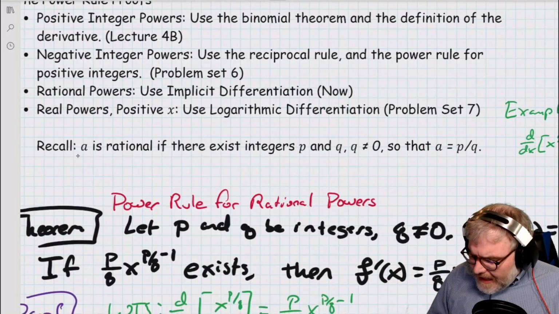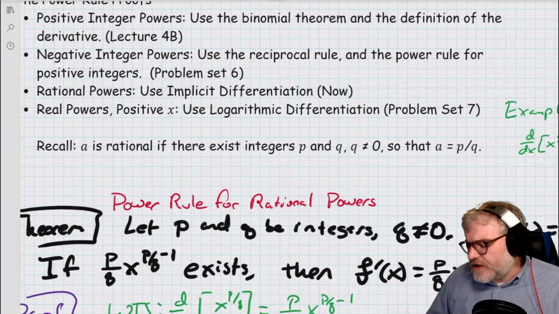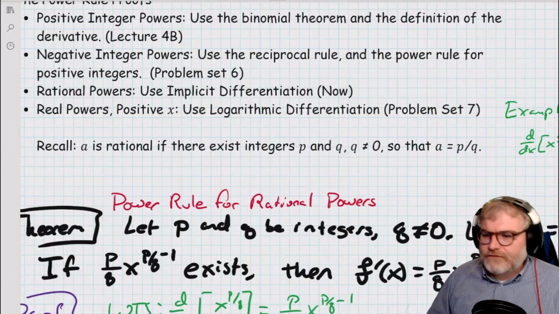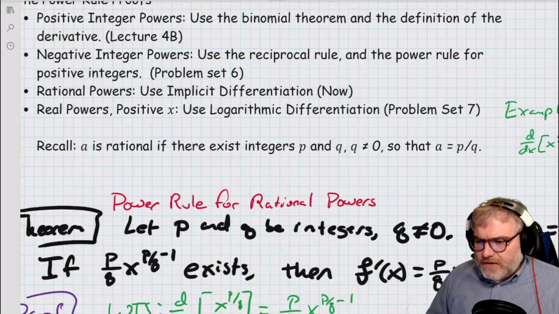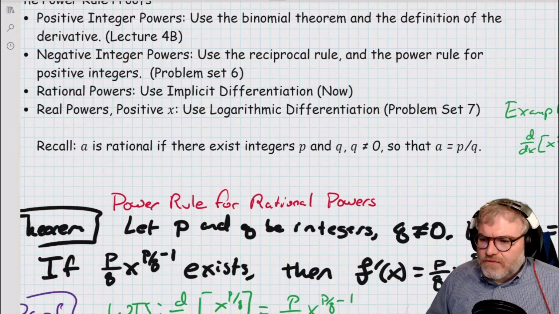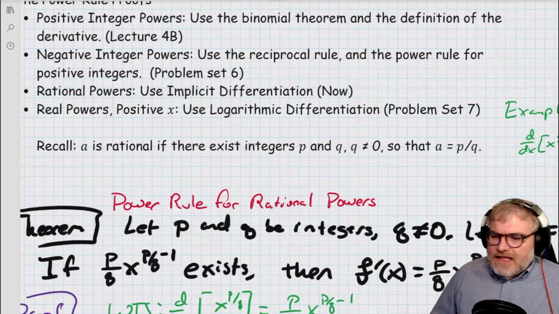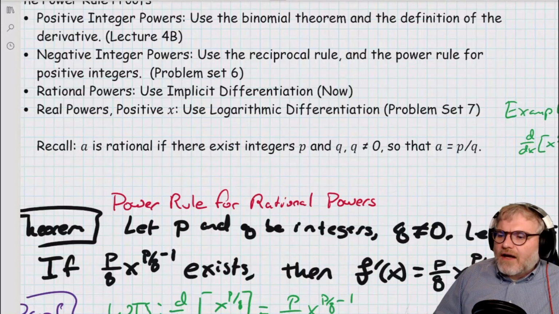So recall that a is a rational number if there exist integers p and q, q not equal to 0, so that a equals p over q. So 1/2, 1/3, 756 over 238 plus 3. All of these are numbers that can be expressed as ratios of integers.